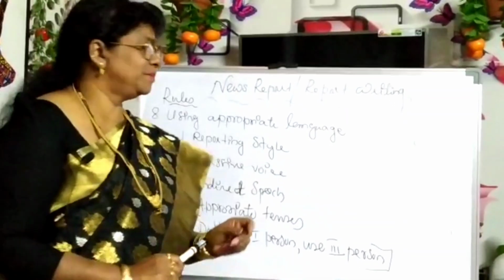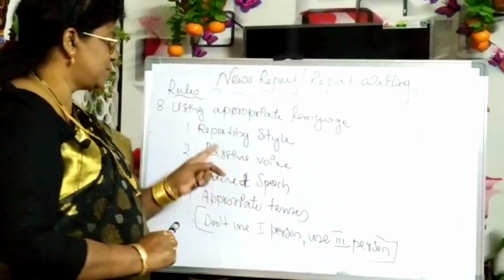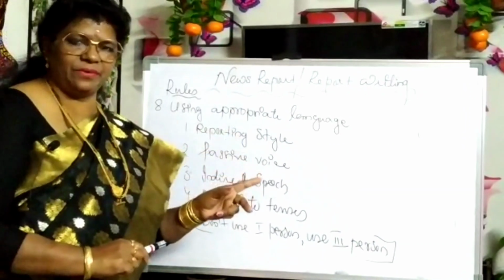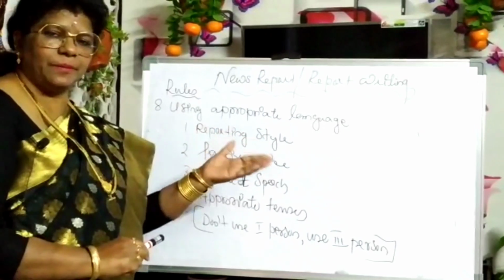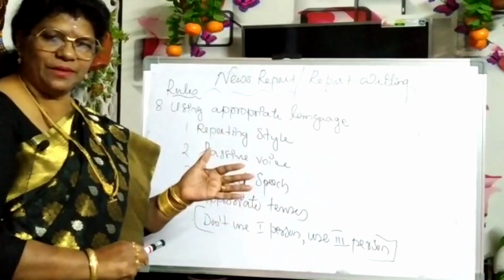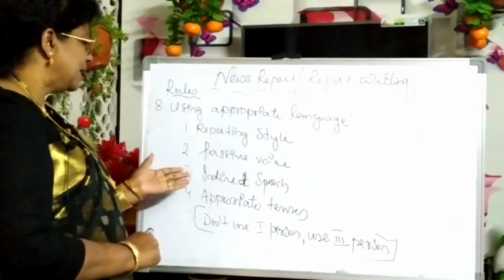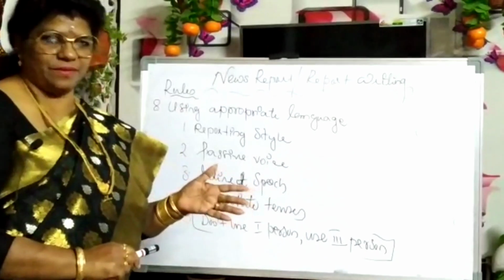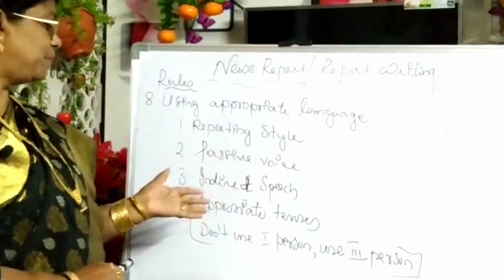Okay, next rule. Using appropriate language. First of all, the reporting style we have to be very careful about. While writing a report, you have to use passive voice. Active passive voice, we learned a lot. We already discussed it. Then indirect speech, that also we discussed.